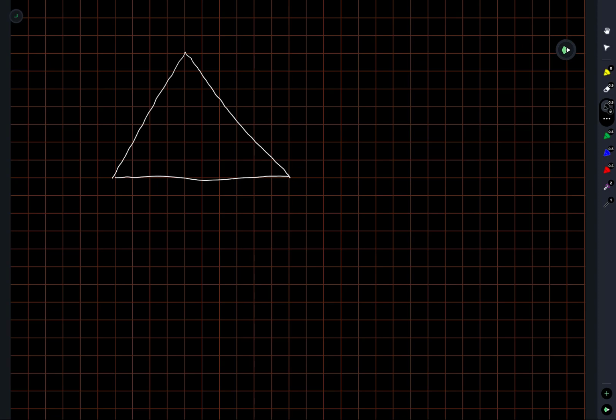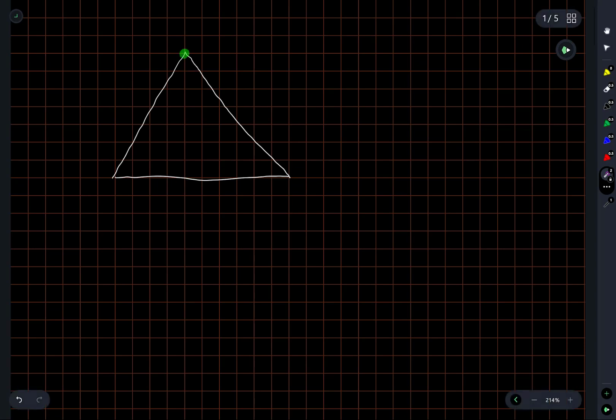And one reason why I think this might be a little bit easier is if I imagine a triangle like this, where the base is fixed and the height is fixed, this fixes the area of the triangle.